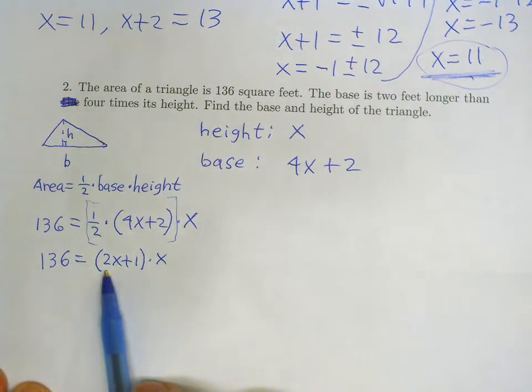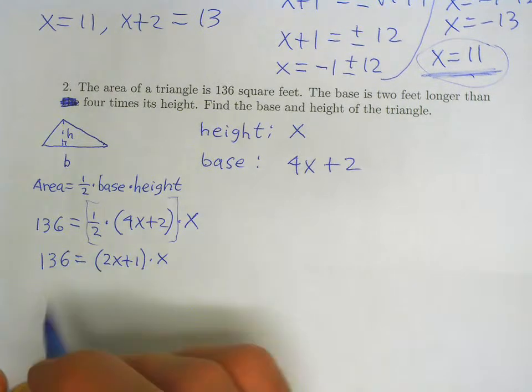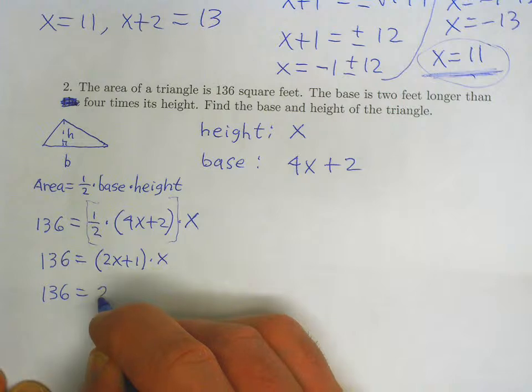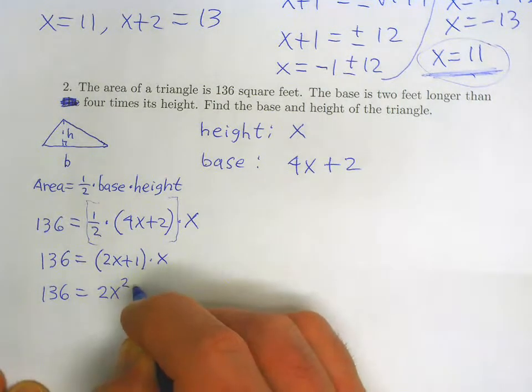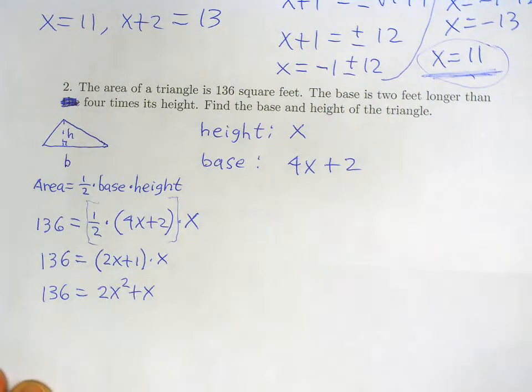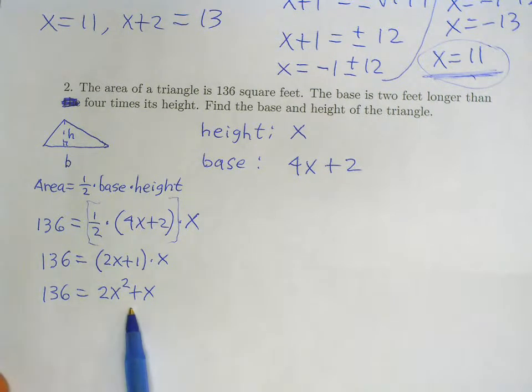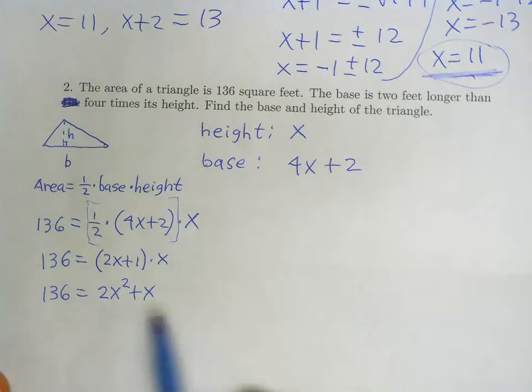Then multiply the binomial 2x plus 1 times x, so we get 136 equals 2x to the second plus x. And then we can write this quadratic equation in standard form if we subtract 136 from both sides.